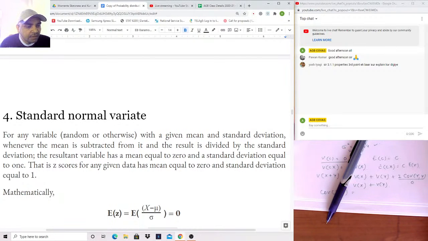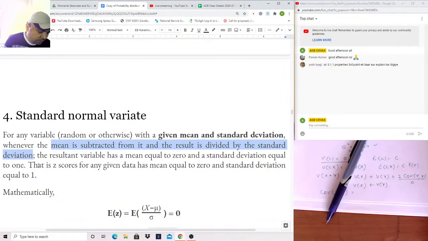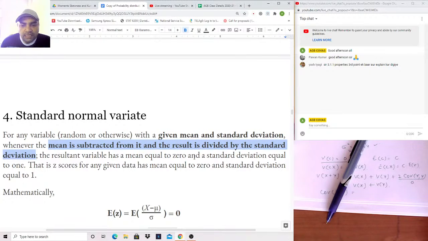For any variable, random or otherwise, with a given mean and standard deviation, you do one thing: the mean is subtracted from the value and the result is divided by the standard deviation.